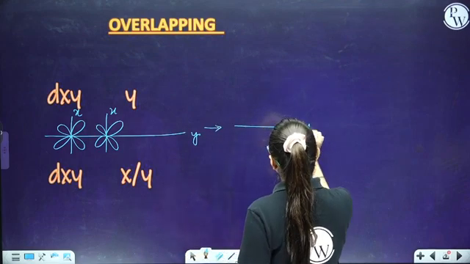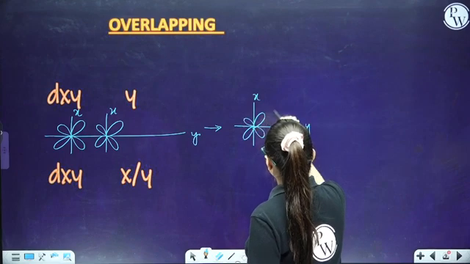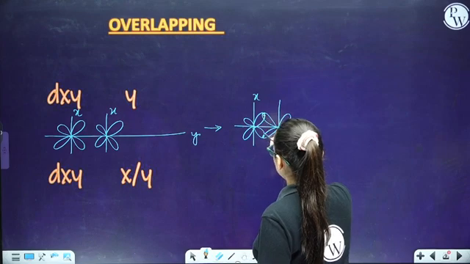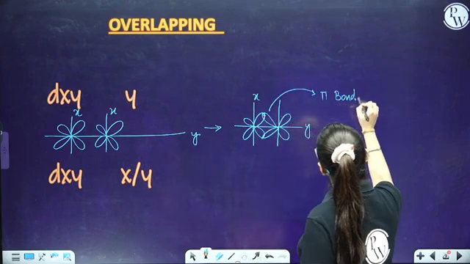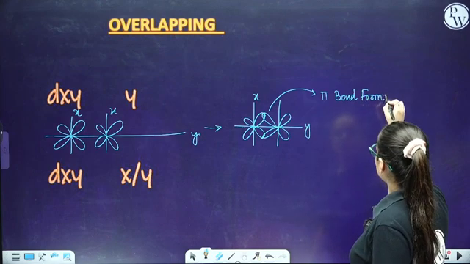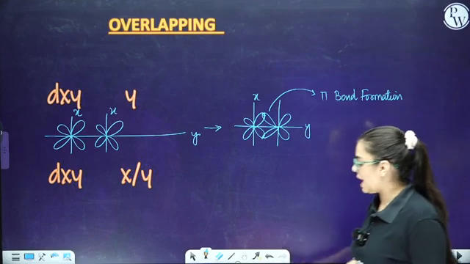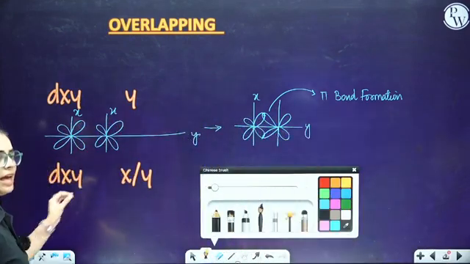This is dxy, another is dxy. Again two overlapping regions, again pi bond formation.